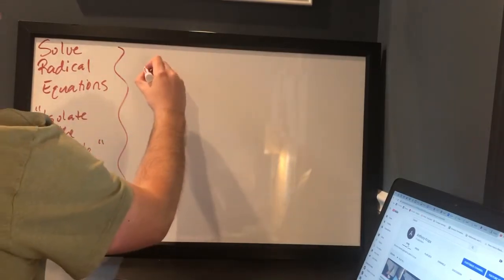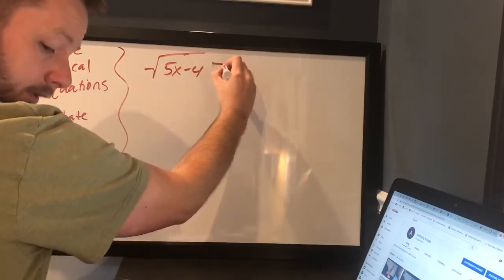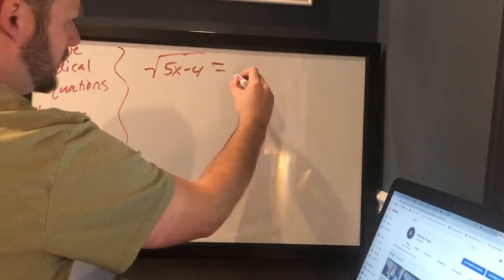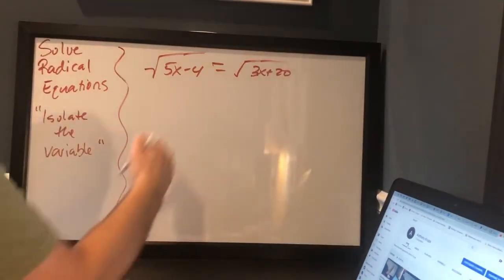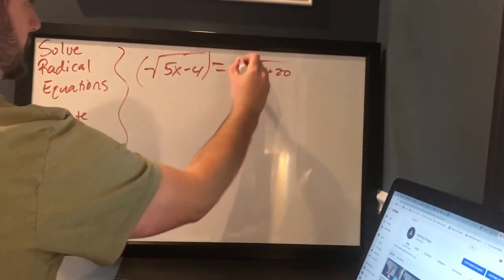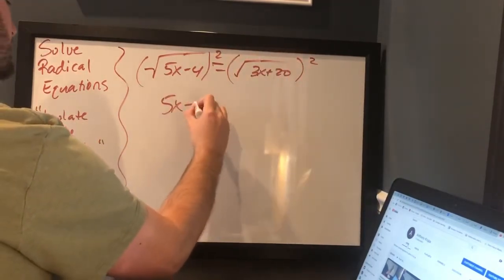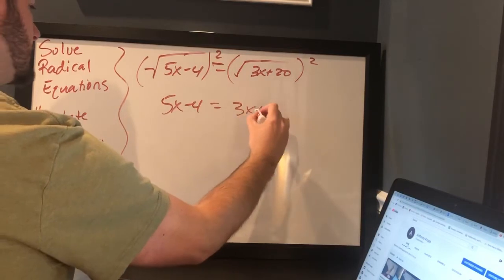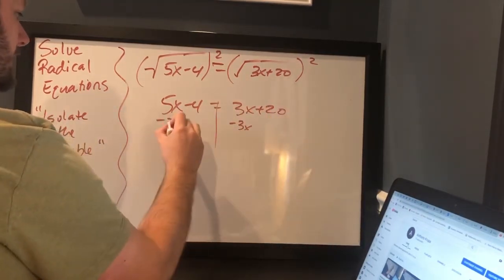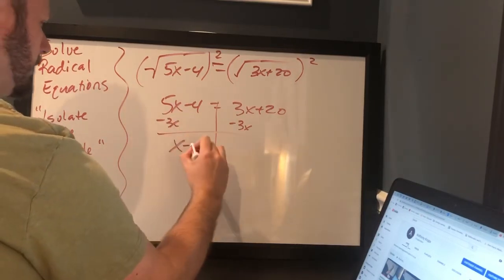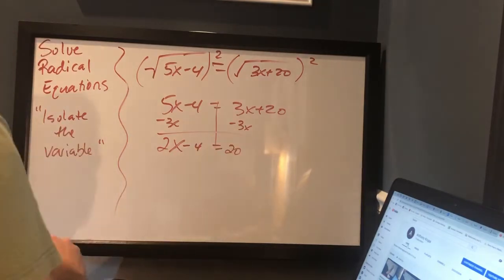We've got the square root of 5x minus 4 is equal to the square root of 3x plus 20. Again, notice nothing on the outside. Square both sides then. 5x minus 4 equals 3x plus 20. Subtract 3x on both sides. 2x minus 4 equals 20.